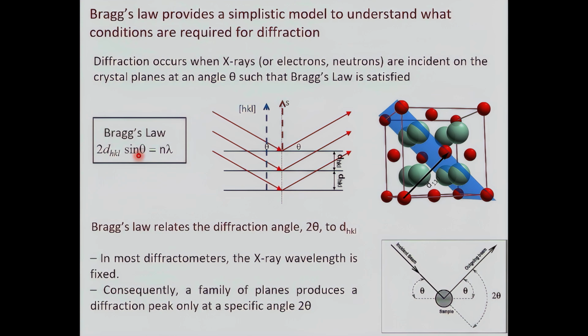And because we know that lambda generally is a constant, because if you perform the measurement at the laboratory at home, you have only one lambda from your diffractometer, then lambda is a constant. Also, d is a constant, because if we are looking at a family of planes, this family is characterized by a specific d value. Then in this formula, everything is constant except theta.